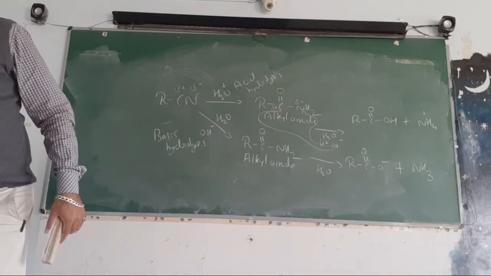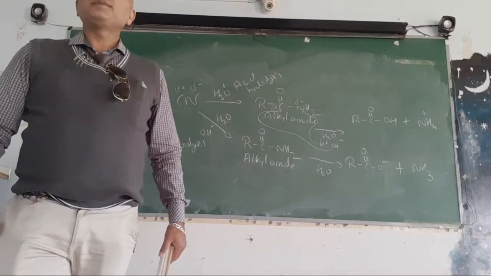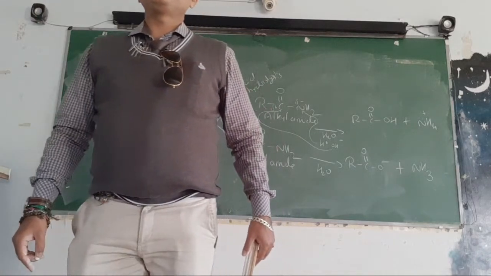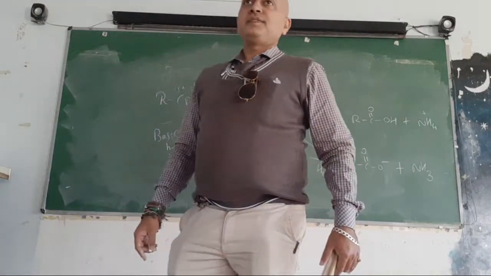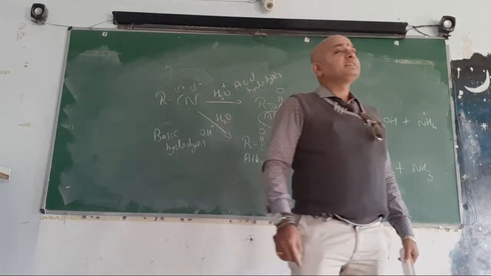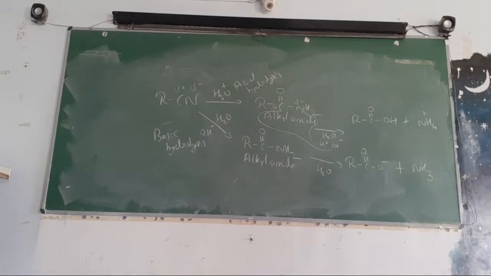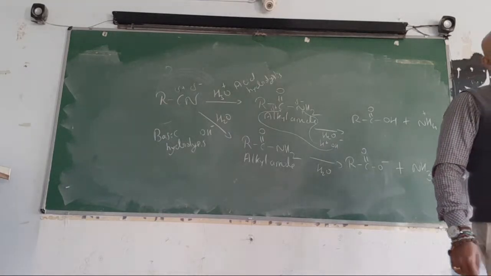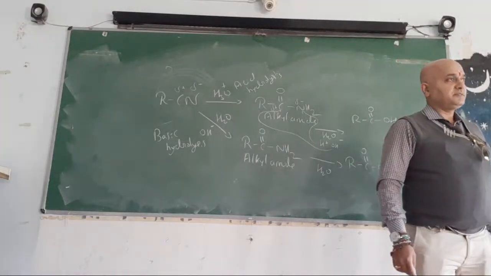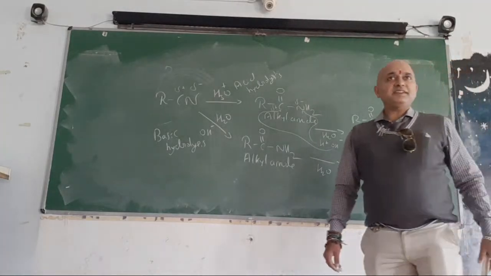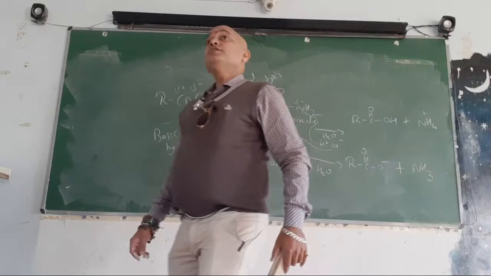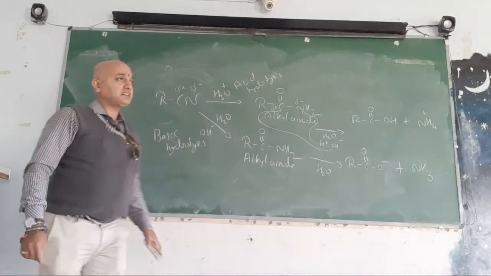Alkyl halide to aldehyde, from aldehyde to carboxylic acid. Okay, that can be one of the methods, fine, where alkyl halides can be converted into aldehydes, but still not the appropriate one. Very simple one is to go for nucleophilic substitution reaction.